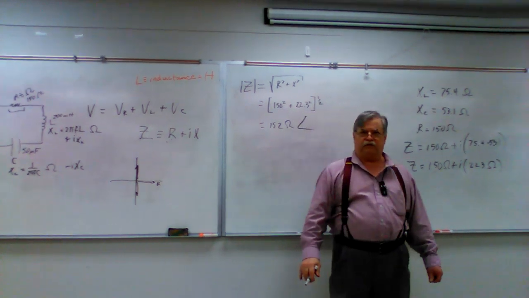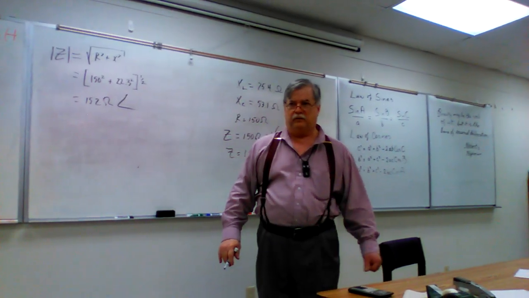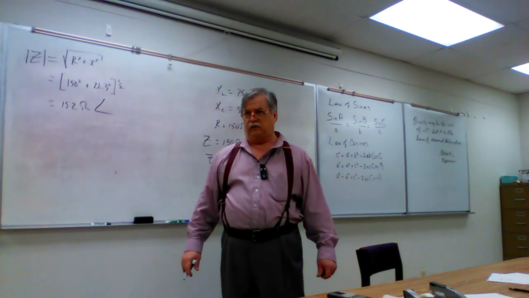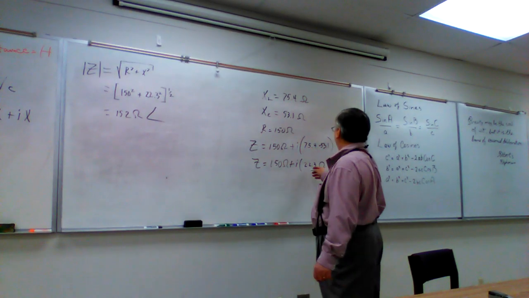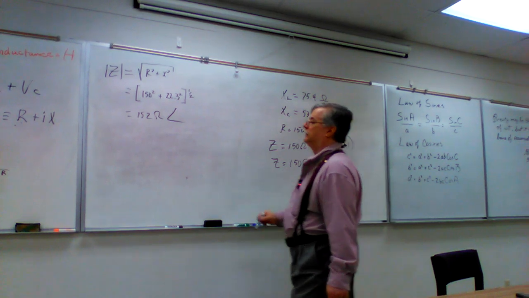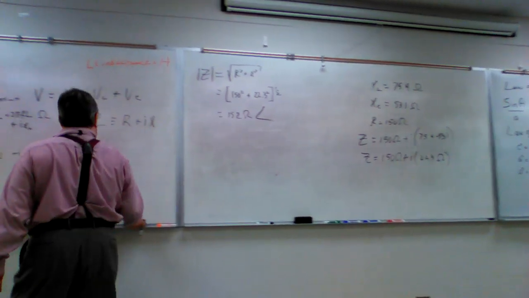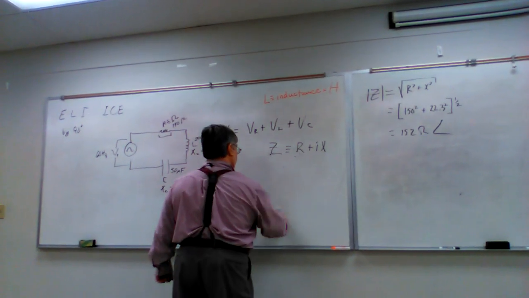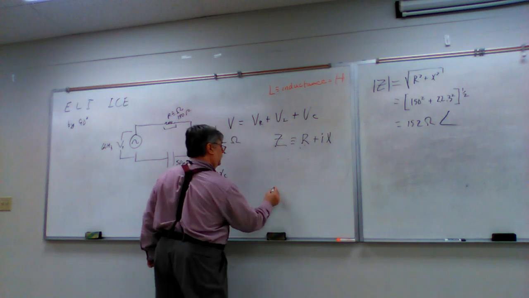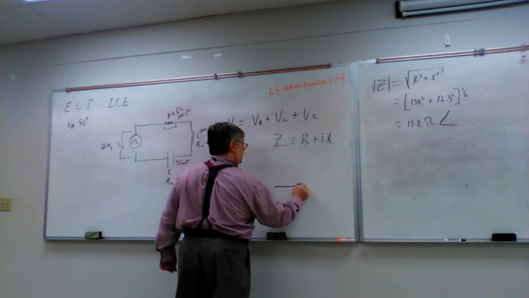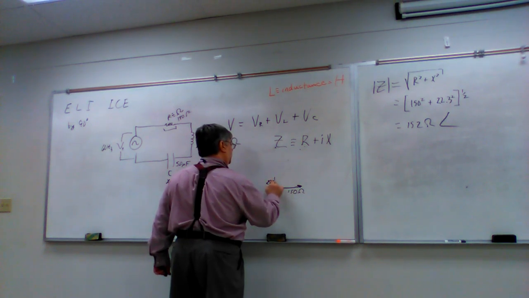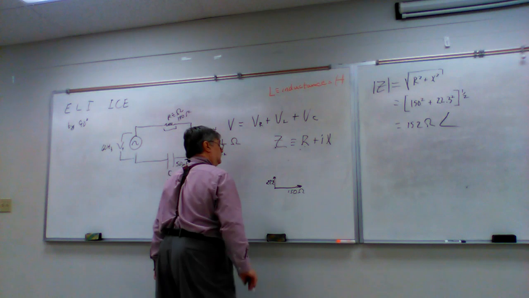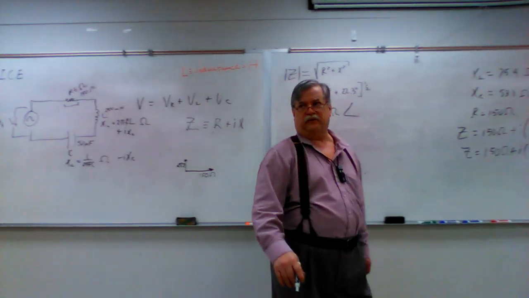But what is the phase shift between the current and the voltage net in this whole circuit? We've got 22.3. This is our net phasor diagram here. We've got 150 ohms and 22.3 vertical, positive.